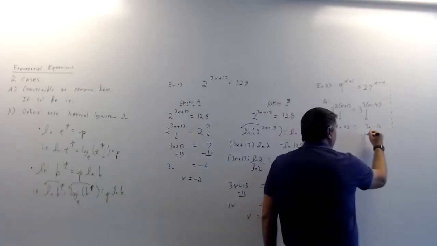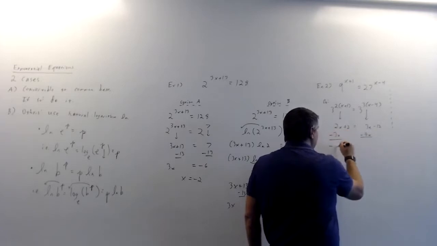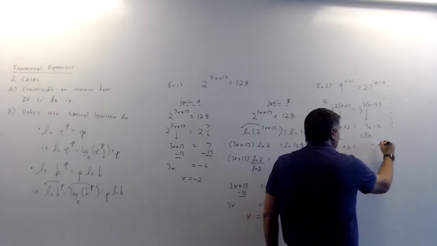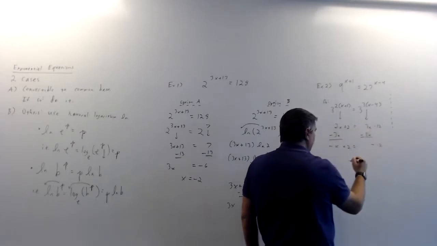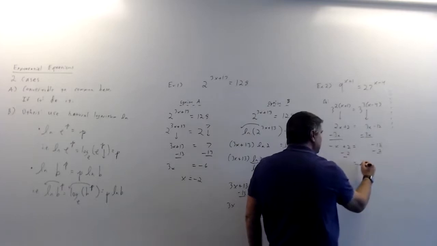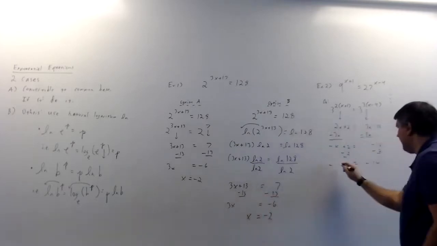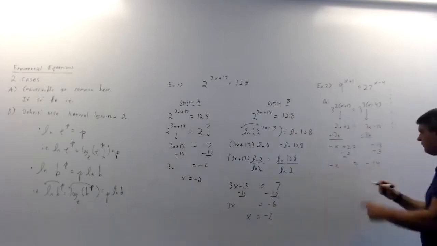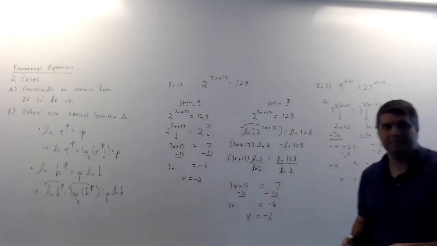I'll subtract the 3x that's on the right side. So I have negative x plus 2 equals negative 12. Okay, subtract the 2, negative x is negative 14. And if negative x equals negative 14, positive x equals positive 14.